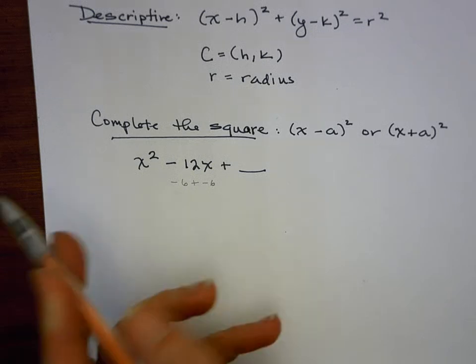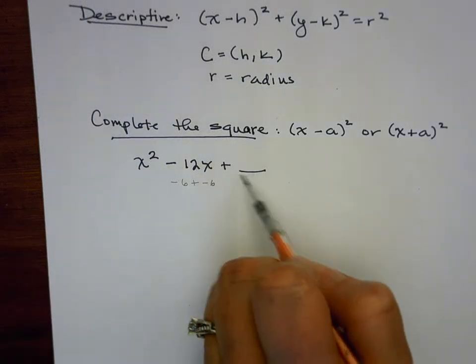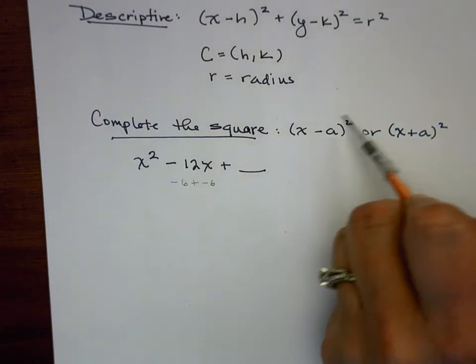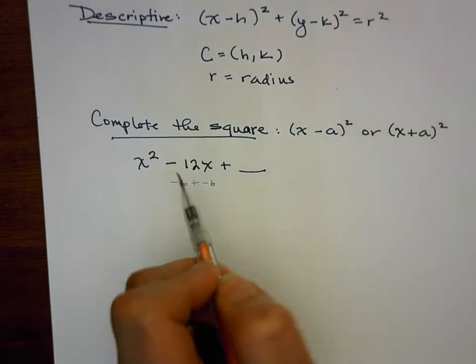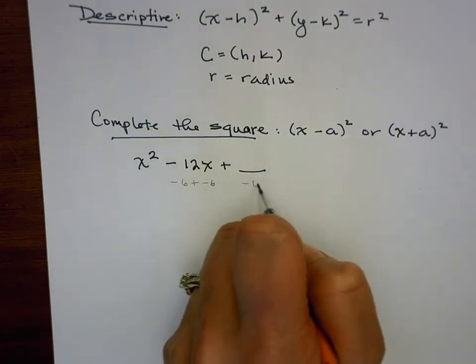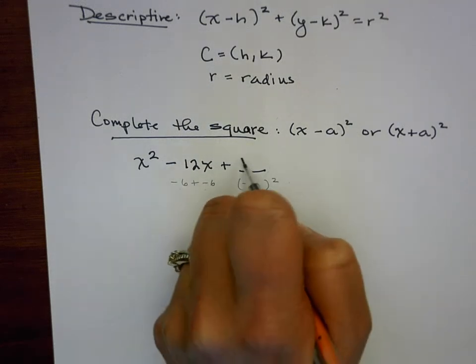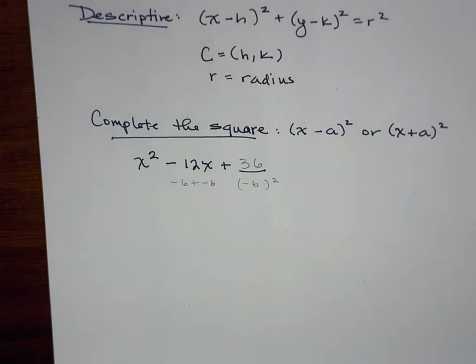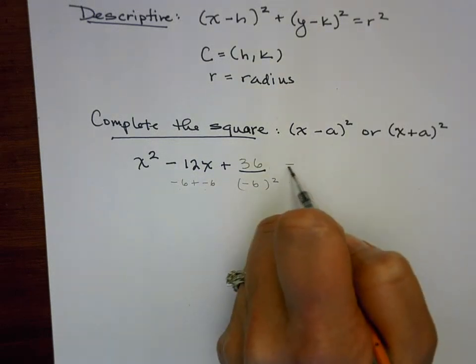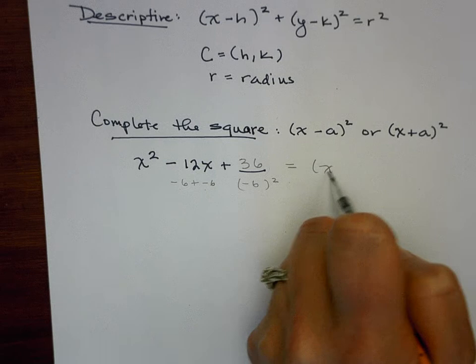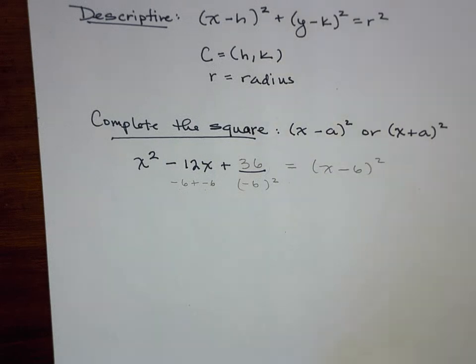And these would have x terms. And so then to find this number, it's just whatever a is being multiplied by itself. So in this case, it would be -6 times itself, so that would be positive 36. And then my factors would be (x - 6) squared.